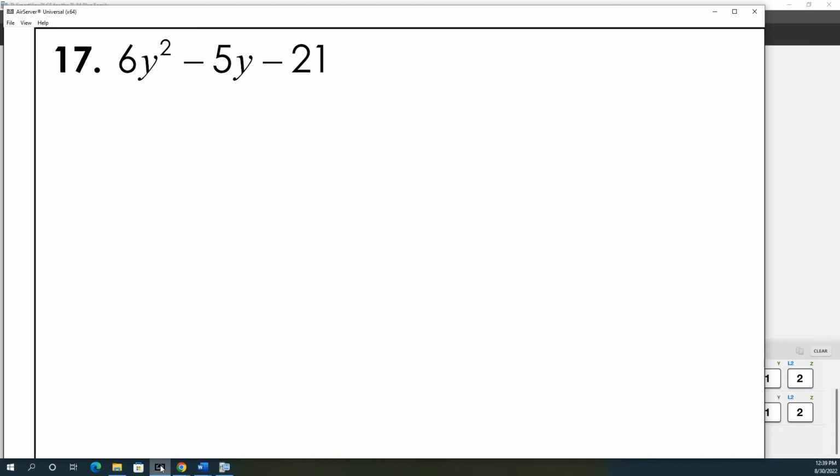All right, so there is no common factor, and there is a number in front of y squared. So we're going to slide that 6 over with the 21, and that's going to give us negative 126.